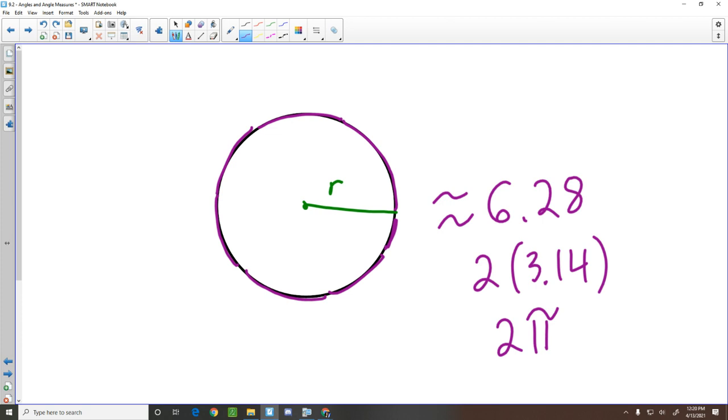And even if you have a smaller circle, it's got a smaller radius, doesn't it? So a smaller circle has a smaller radius, but that distance around is still exactly 2 pi radiuses all the way around that circle.